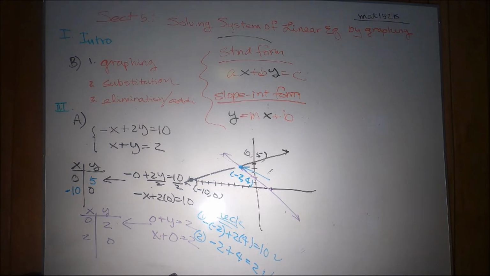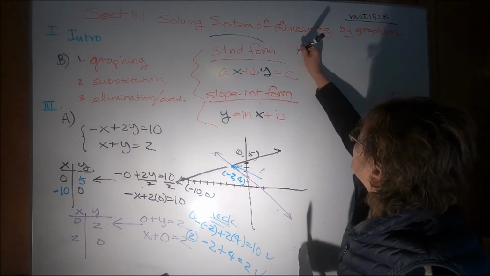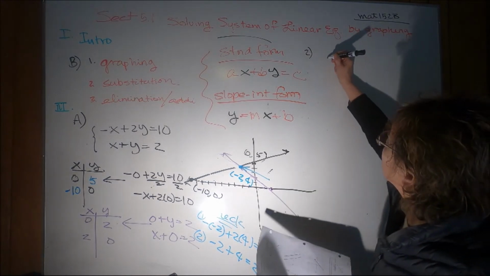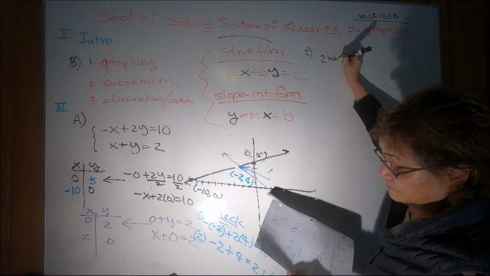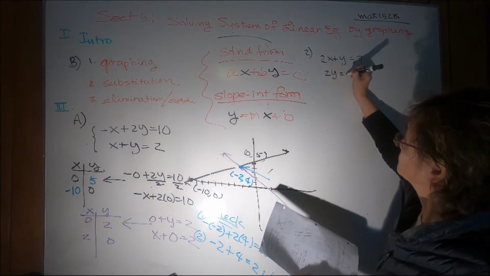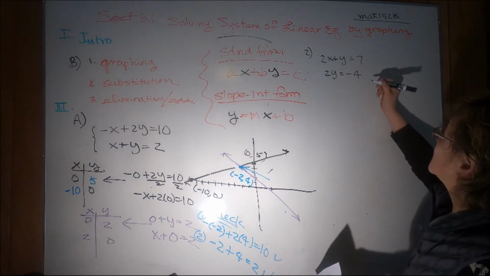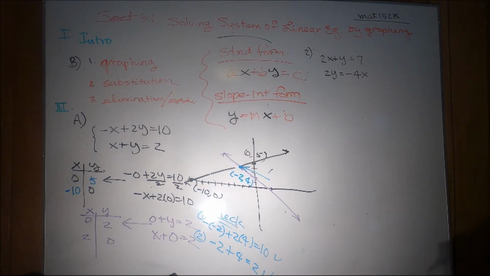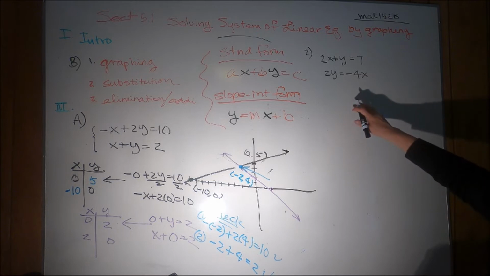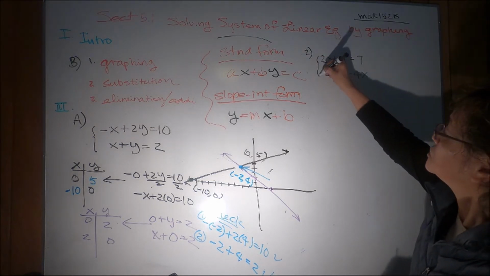So then look at the second example. We are reviewing how to graph your line. -4x, right? We can just use a t-table to plug in each of them.